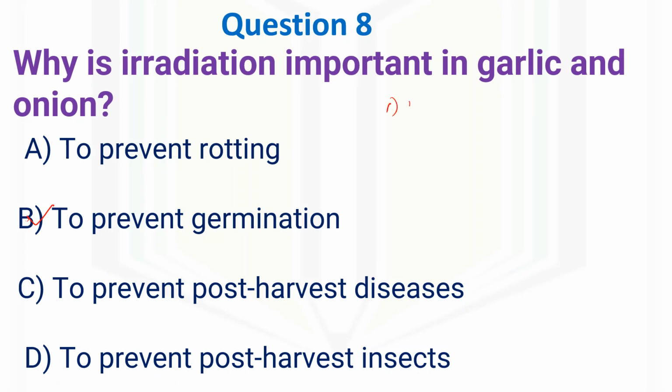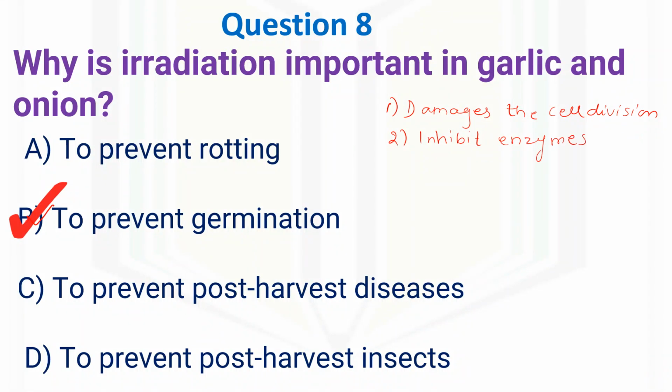Firstly, it damages the cells, so it damages the cell division process. Secondly, it will inhibit the enzymes responsible for sprouting or germination.